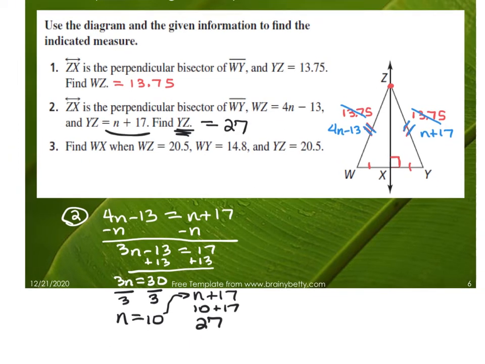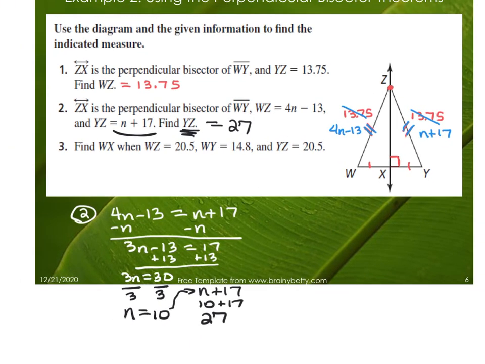Now, notice this time, they're giving me numbers for all the sides. They're not telling me that ZX is the perpendicular bisector. So now I'm going to label my picture with all these numbers in black. Let me cross off the blue.